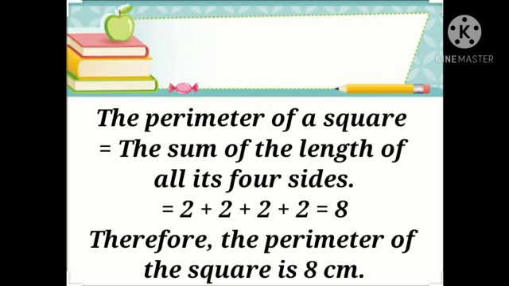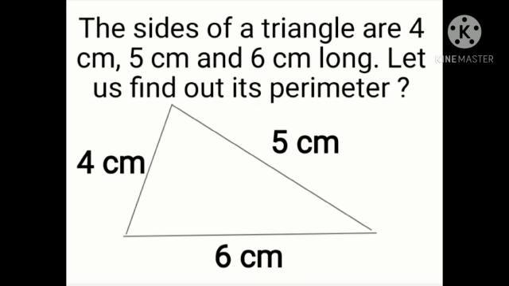Our next example is: the sides of a triangle are 4 centimeters, 5 centimeters and 6 centimeters long. Let us find out its perimeter. Here you all can see a triangle measuring 4 centimeters, 5 centimeters and 6 centimeters. So to find out the perimeter, we will use the formula.